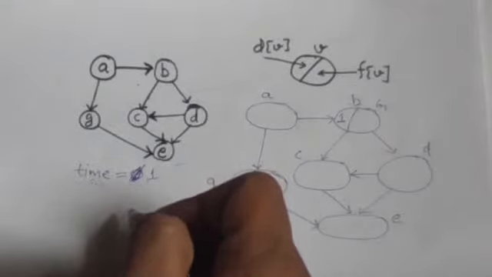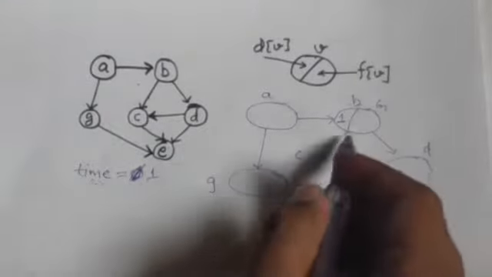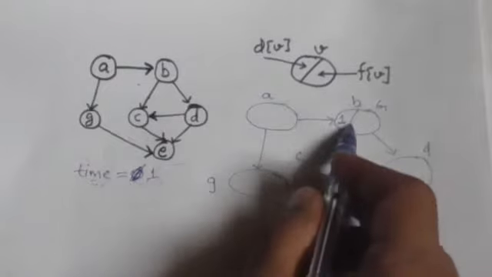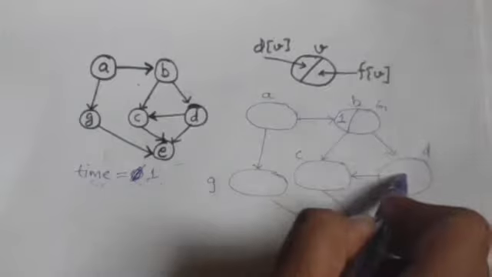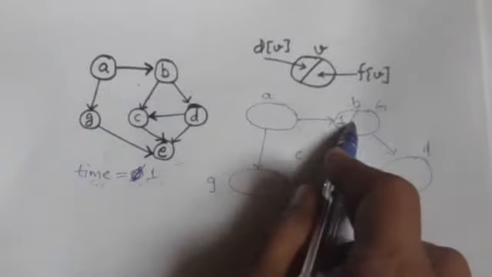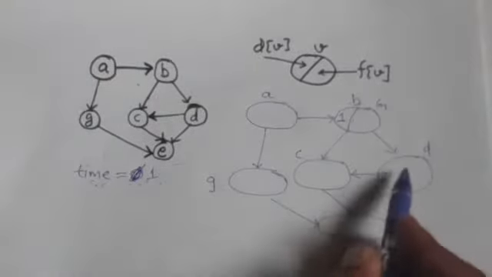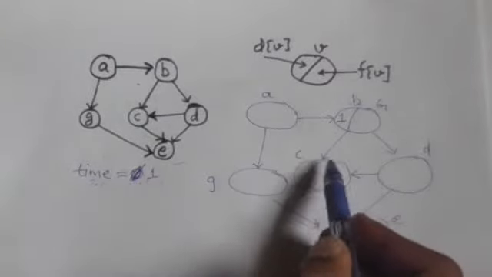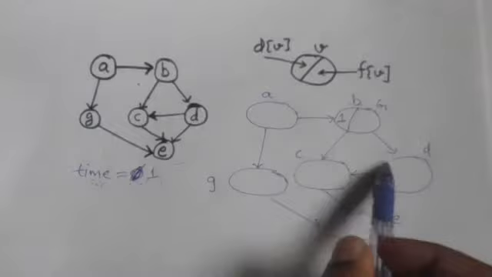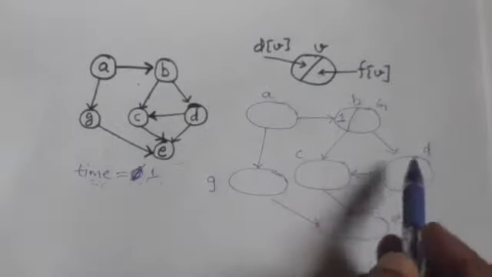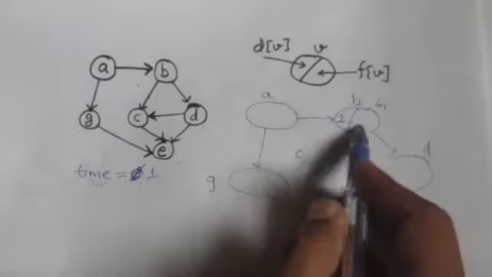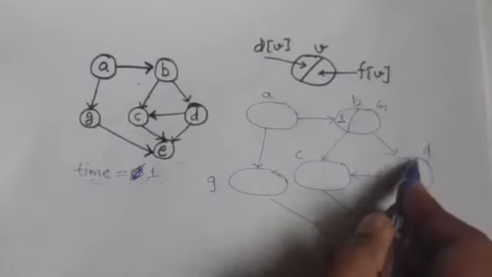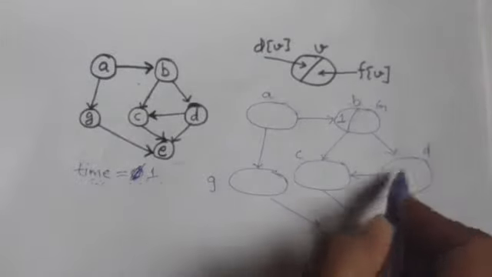Now we will take any white adjacent vertex of this vertex b, right? Now vertex c and d, they both are adjacent to vertex b and their color is white, so we will take any one of them. So here we will take vertex d, right?